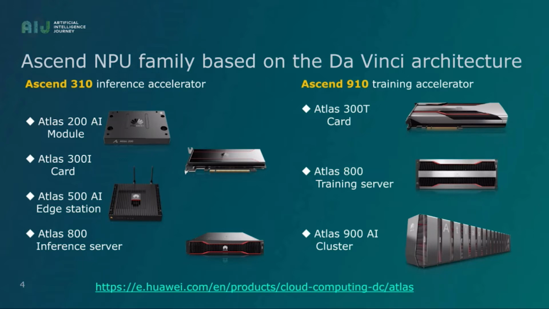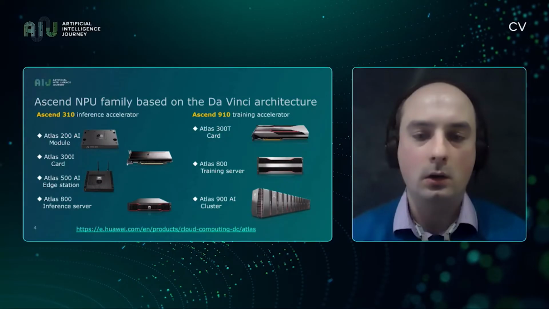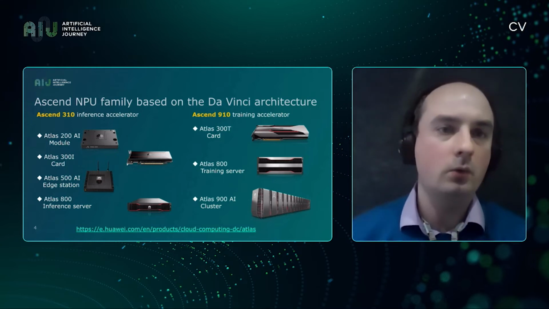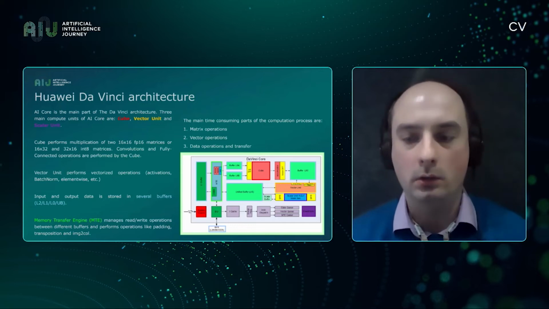For inference: Ascend 310, Inference Accelerator Atlas 200 AI model, Edge Station Atlas 300i card, Atlas 500 AI Edge Station, and Atlas 800 inferencing. And for training, among training accelerators, you have Ascend 910, Atlas 300T card, Atlas 800 training server, and Atlas 900 AI cluster. You have the link here.